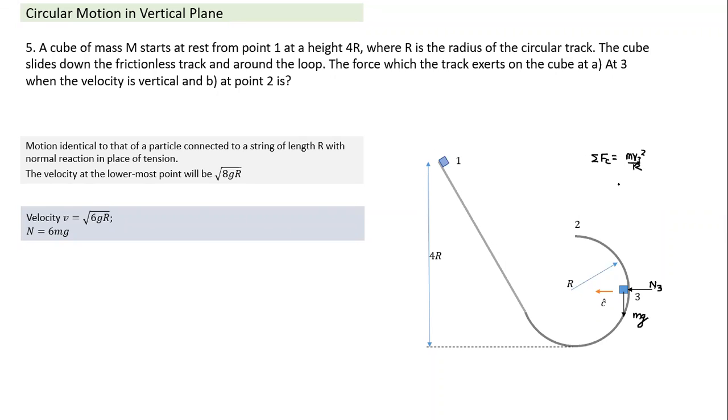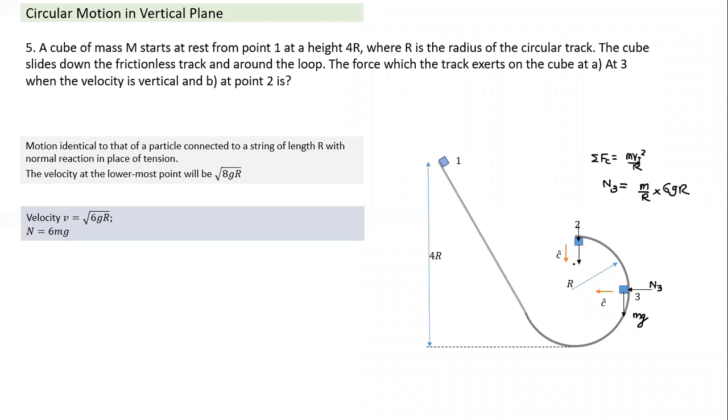The mg has no component, so the centripetal force is nothing but the normal reaction, equal to m/r times the square of velocity. The square of velocity is 6gr, which gives you the normal reaction equal to 6mg. So this reaction here will be 6mg. What about point 2?